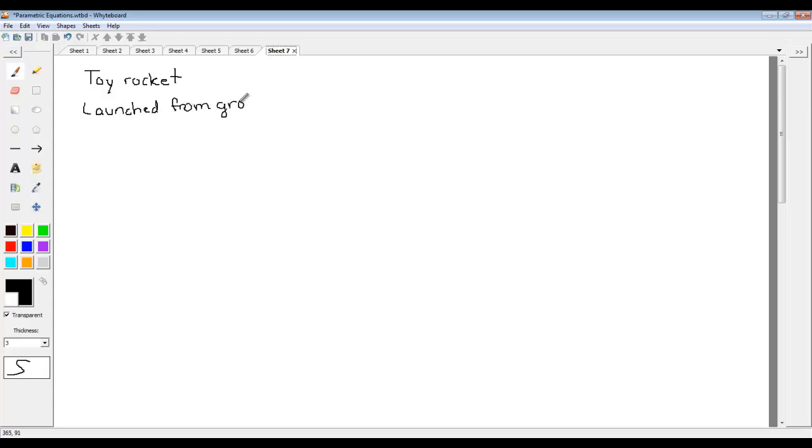It's got an initial velocity of 36 feet per second and a 45-degree angle with the ground. And it says find the rectangular equation that models this path.